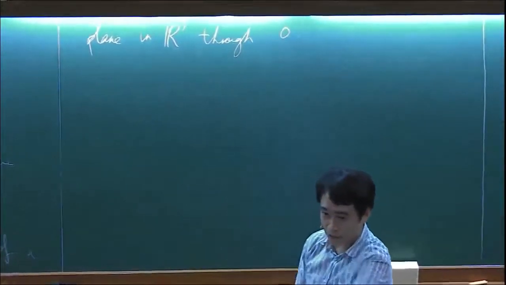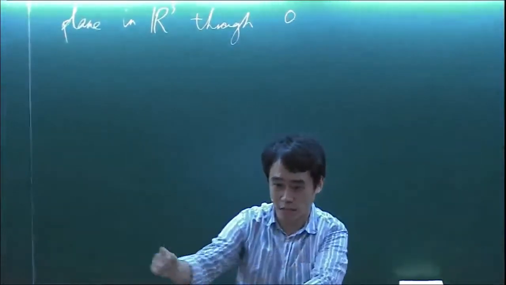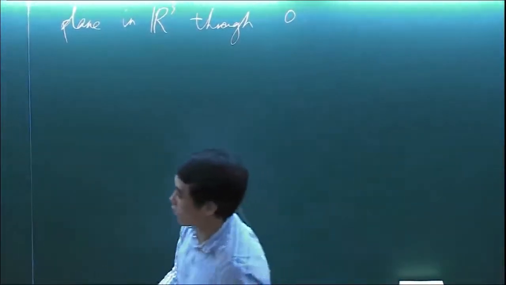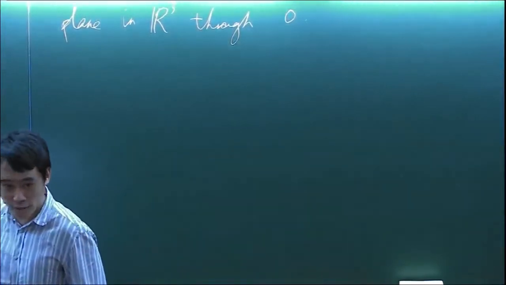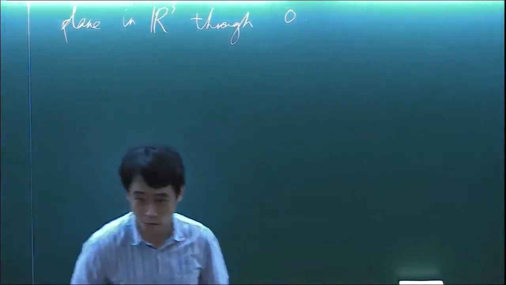So you take a plane in R3 through the origin, and then you look at all the lines through the origin that lie inside of this plane. This gives you a subset of RP2, and we call that subset a projective line. That's a one-dimensional subset inside of RP2.